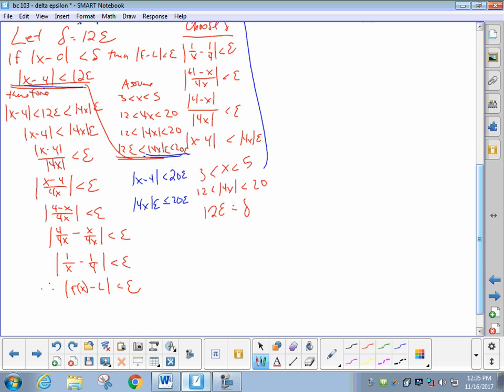If I had chosen 20 epsilon, then instead of 12 epsilon, it's 20 epsilon. So I would be there, and from this I could say that one on the 20th absolute value of 4x epsilon is less than 20 epsilon also, right? Yeah. But afterwards, there's not really any way to get those two together with certain logic. They're just both less than this, but I don't know how they relate to each other.